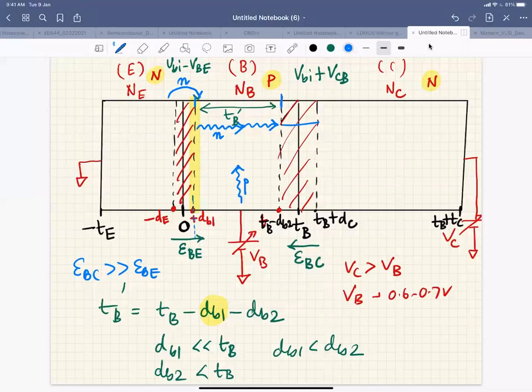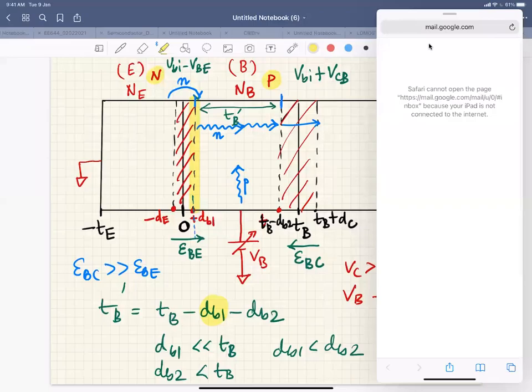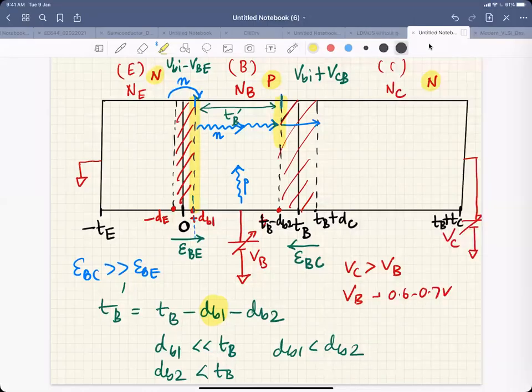Whatever electrons reach the edge of the depletion region at this point here will be pulled to the collector, because there is the electric field EBC, which aids the electrons to be pulled. Then these electrons will reach the collector, right?